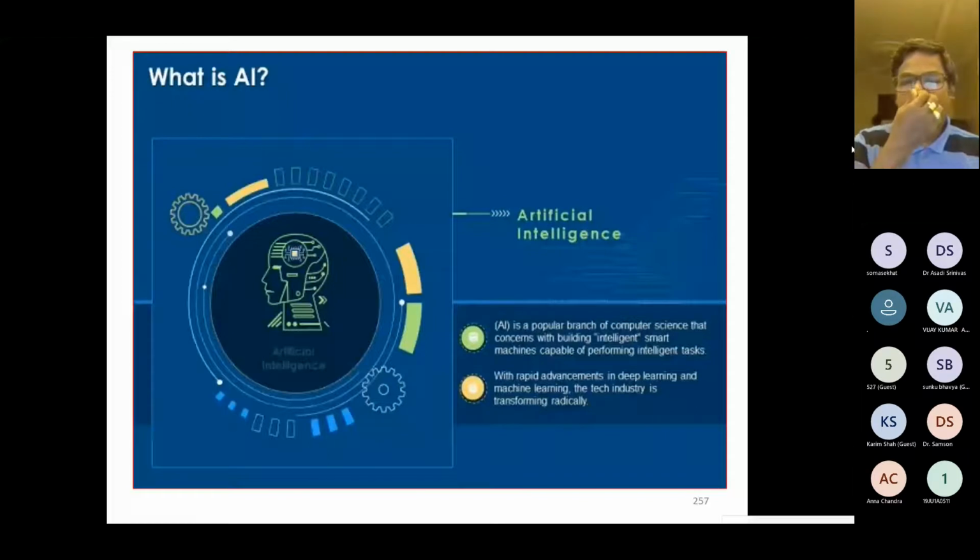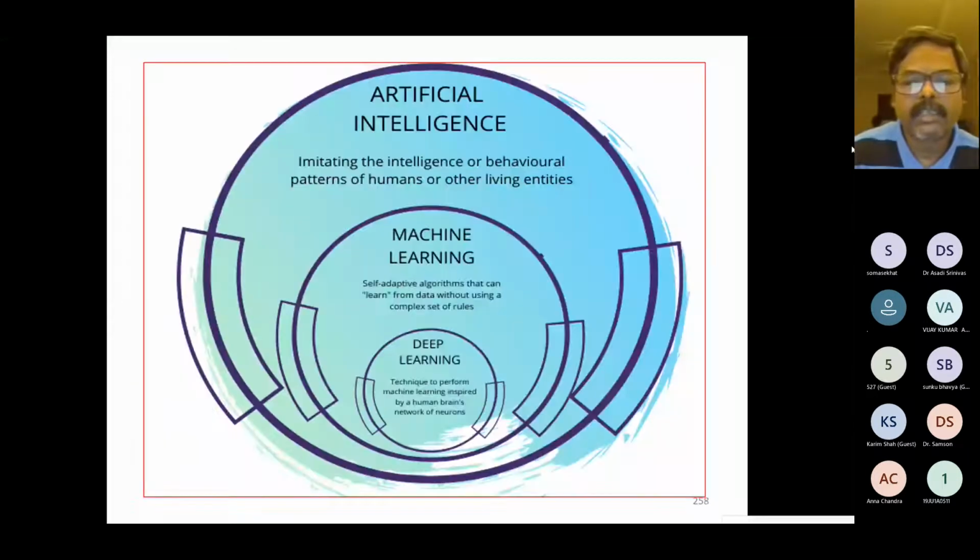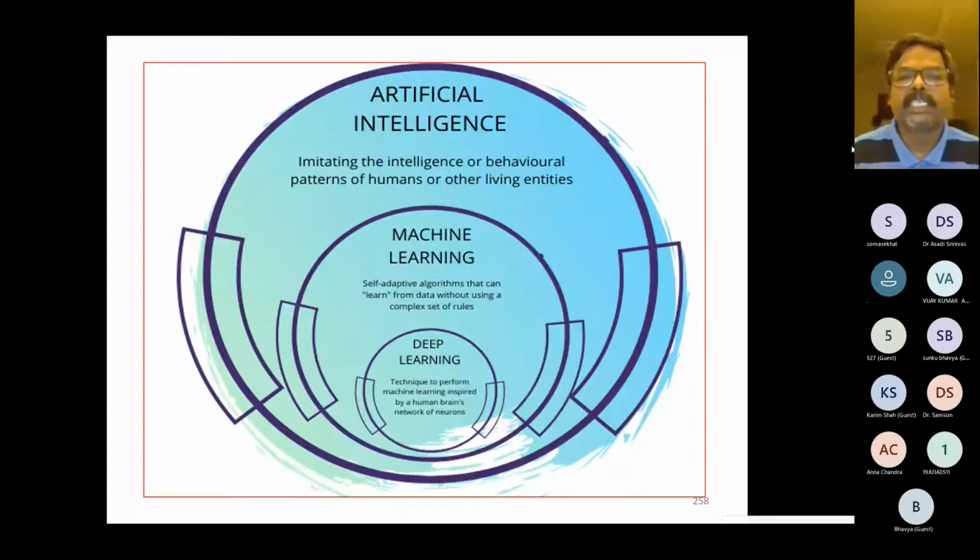How do we represent artificial intelligence in a circle diagram? Artificial intelligence is imitating the intelligence or behavioral patterns of humans or other living entities. Machine learning is a sub part of artificial intelligence, self-adaptive algorithms that can learn from data without using a complex set of rules.